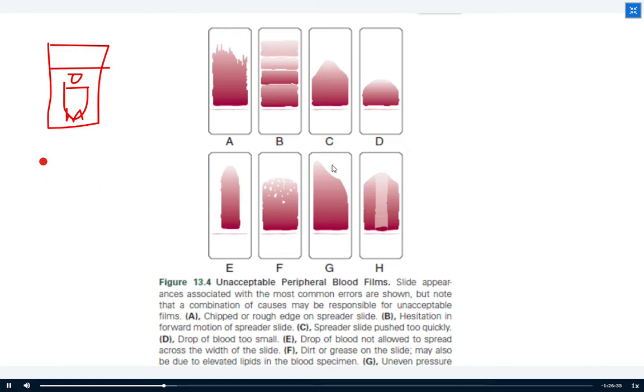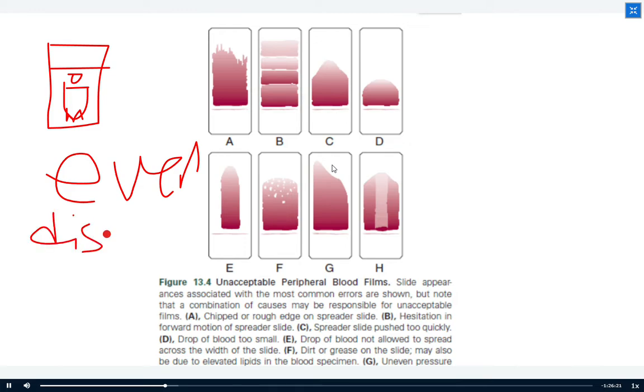Technically, no. Hindi kailangan. But, ang reason kasi, class, why you want your smear to be like that is to have what we call even distribution. Kasi pag hindi nyo sinunod yung ganyang pattern na thick to thin, baka may mga ma-miss kayo na WBCs, causing your wrong differential count.